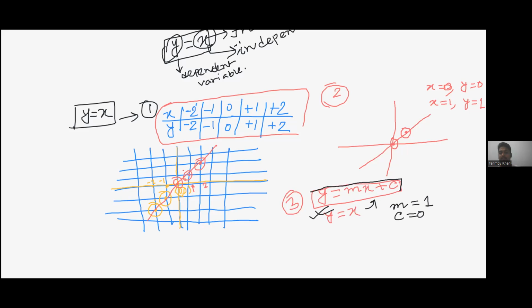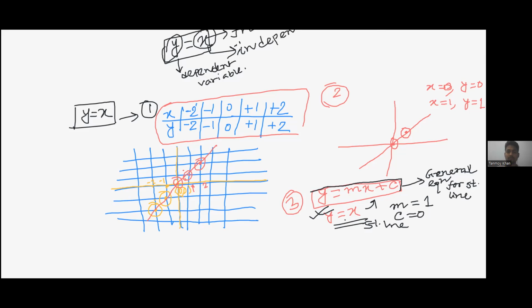That means this is the general equation for a straight line, so this will obviously be a straight line, right? Now if you know what m and c are, then you can just draw it.